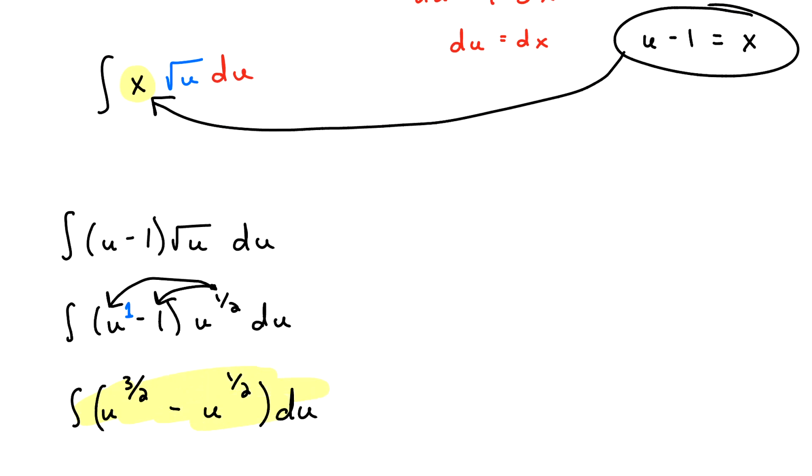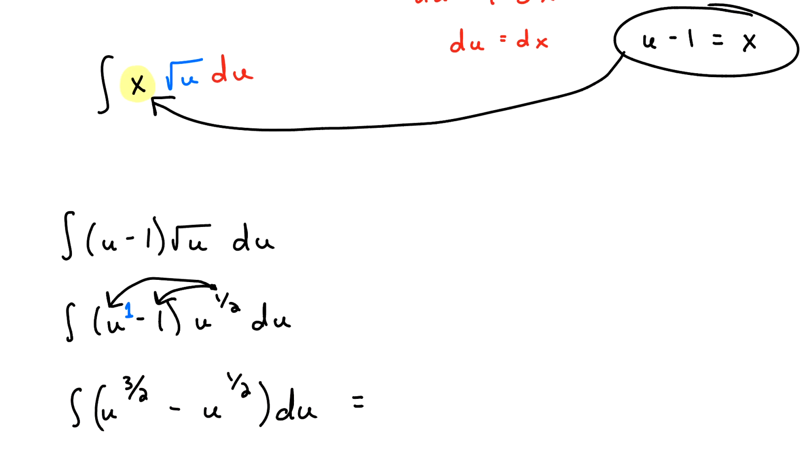This is now something we can work with, because we can just use our regular old power rule. I can go ahead and add 1 to the power and divide by our power.